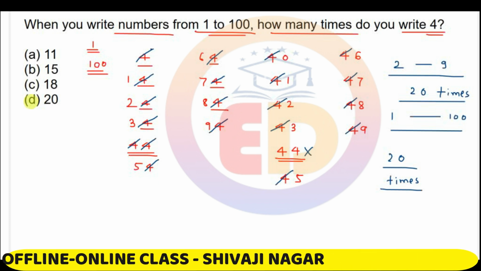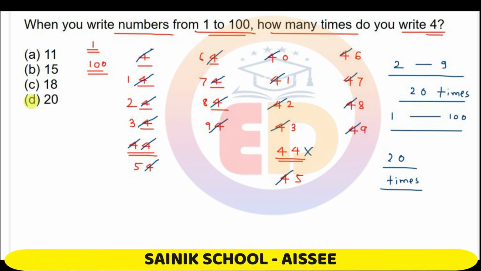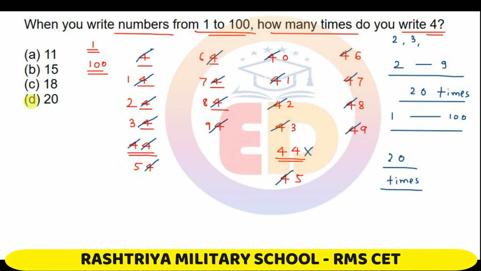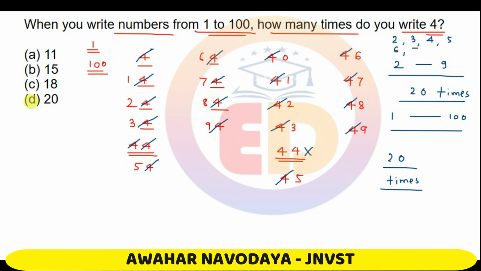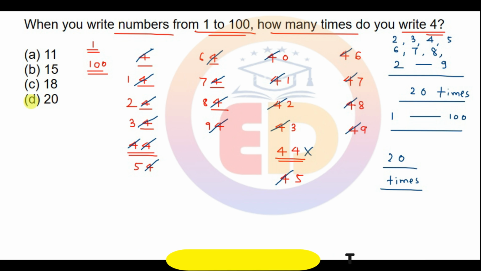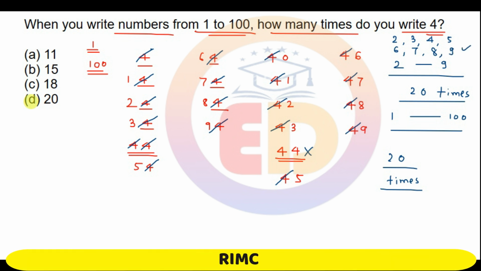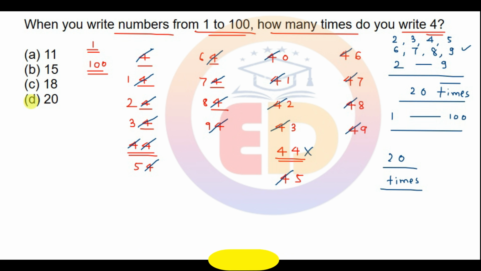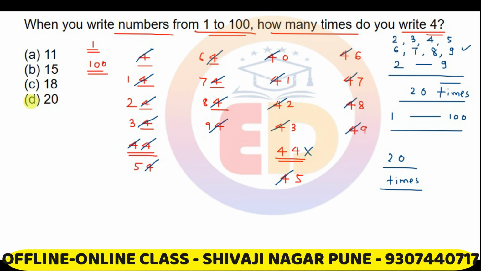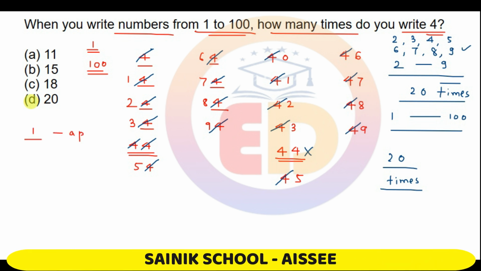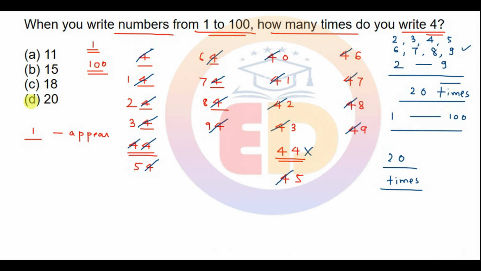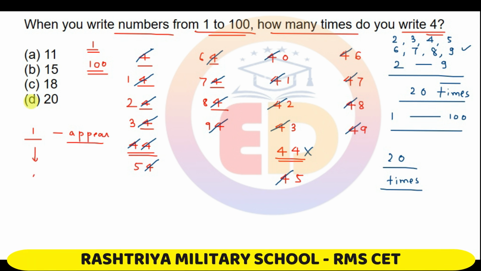Now, as we discussed, from 1 to 100, the digits 2 to 9, means 2, 3, 4, 5, 6, 7, 8 and 9, will all be repeated 20 times. Now, slight difference. If they ask how many times will digit 1 appear? Remember, 1 will appear 21 times.